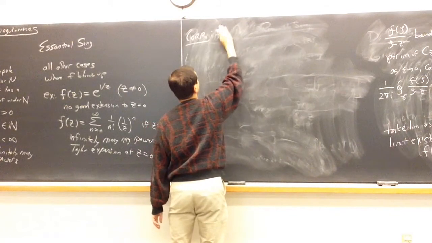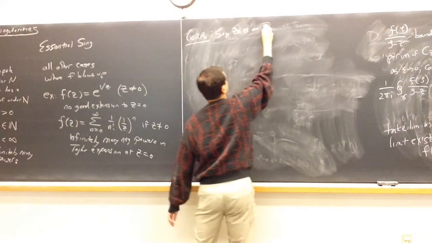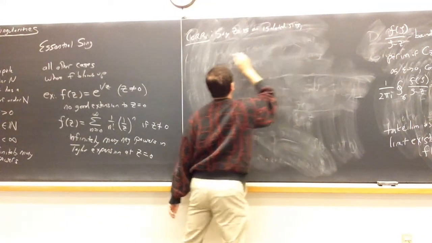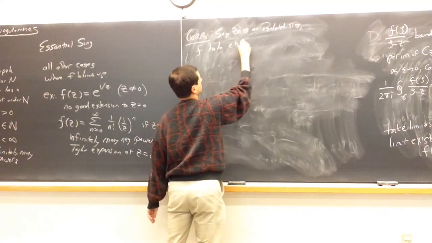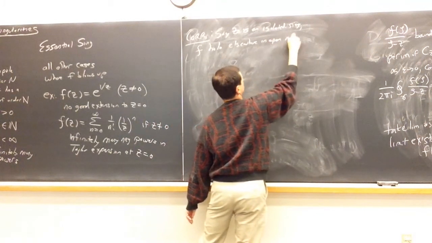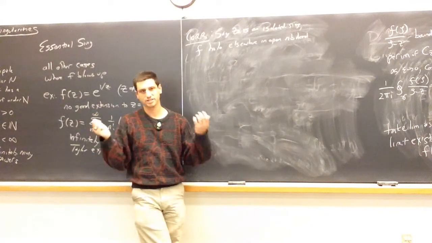Say z0 is an isolated singularity, f holomorphic elsewhere in an open neighborhood. So whenever you're doing these results, you're always looking at some open neighborhood.